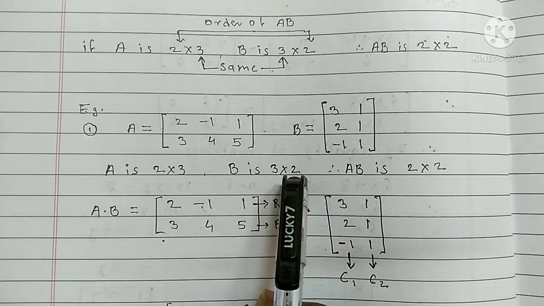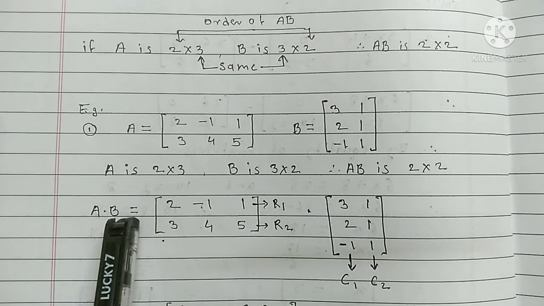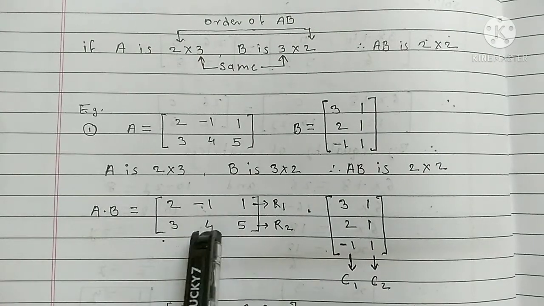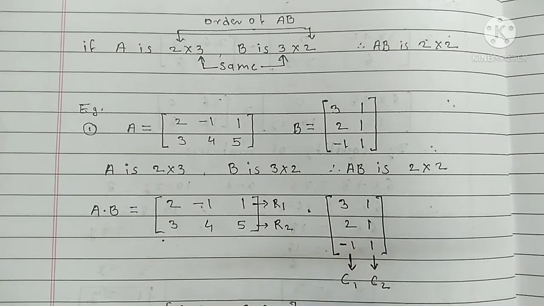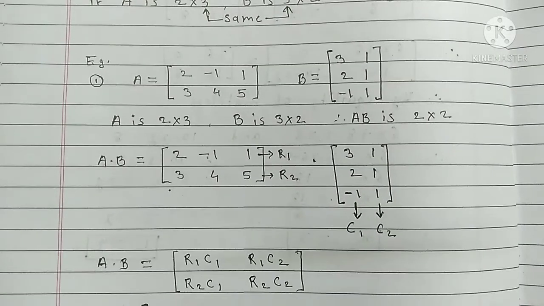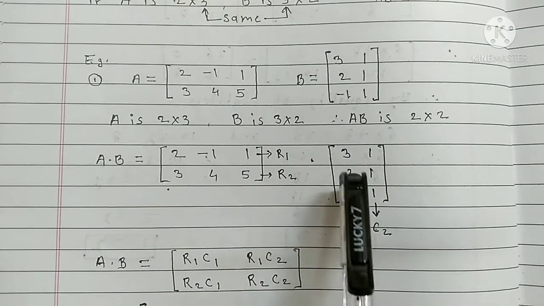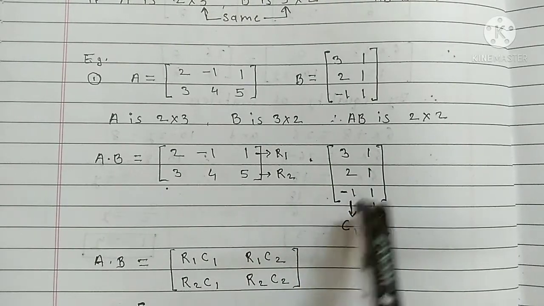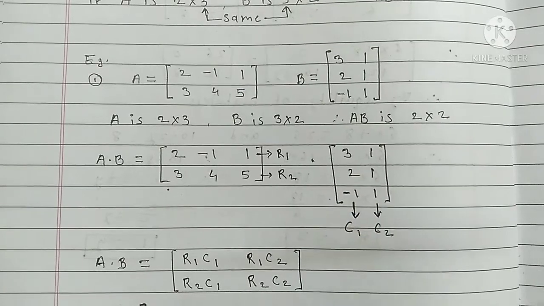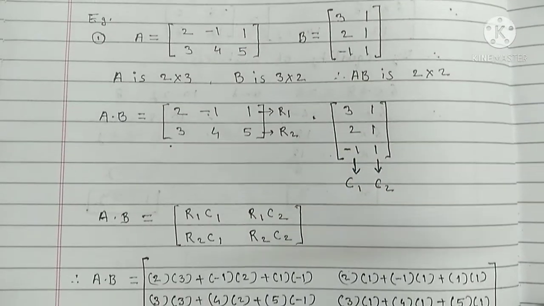So now we will multiply. So A into B is equal to, this is our matrix A and this is our matrix B. So this is first row and this is second row, and in this matrix this is first column and this is second column. So how we will multiply?